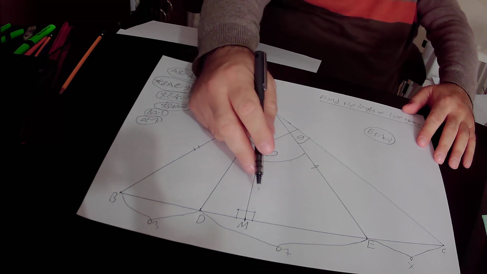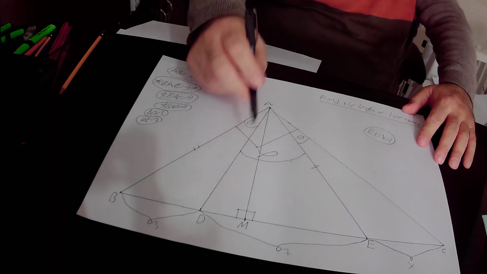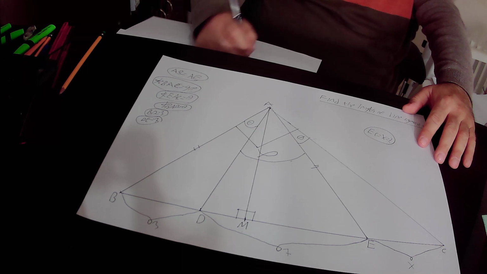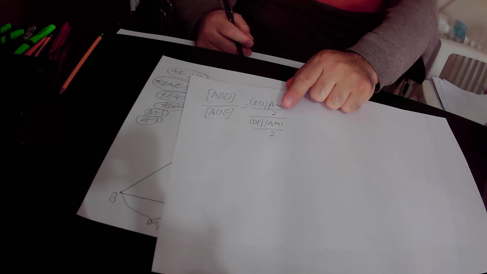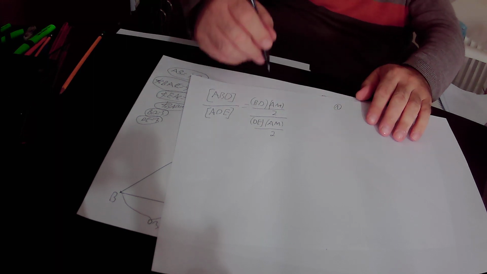AM is the height to the base because it creates 90 degrees with the base DE. I will repeat again. The area of triangle ADE equals the base DE times the height, that is AM, over 2.